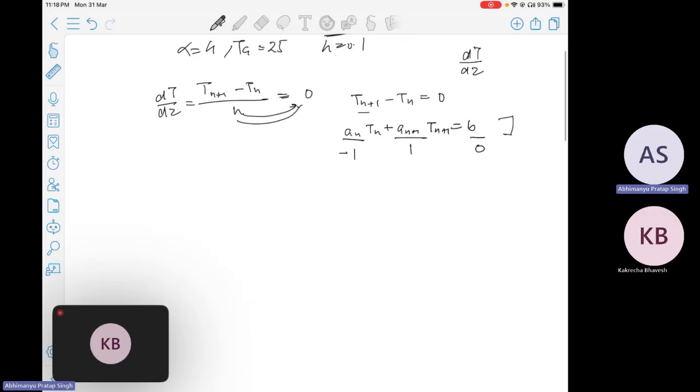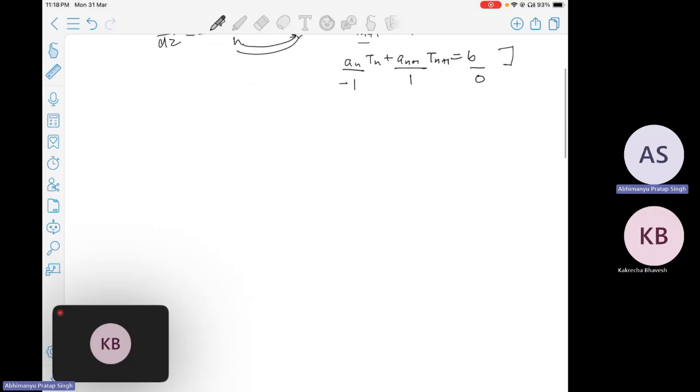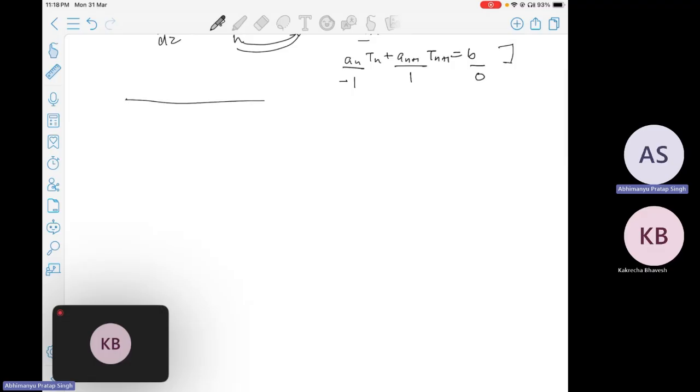Now, if we go to option two, that is the ghost point approach. For that, it is mentioned that suppose this is my nth point and this is my n plus one point, and the question asks us to write the equation using the central difference formula at node n plus one. In the central difference formula, we know that we need three nodes: one before, the node itself, and one after.